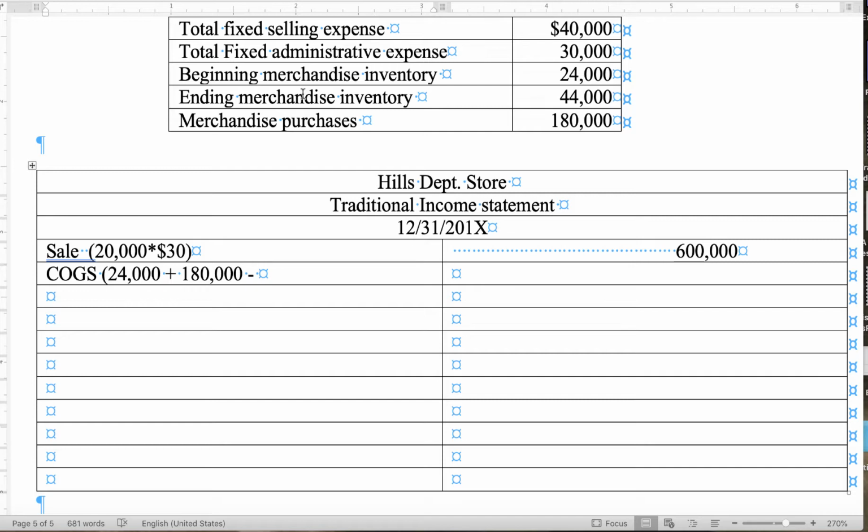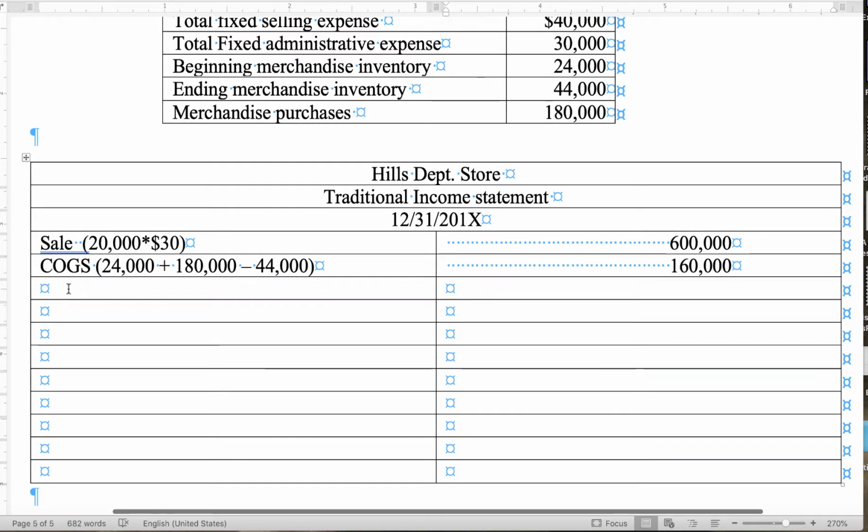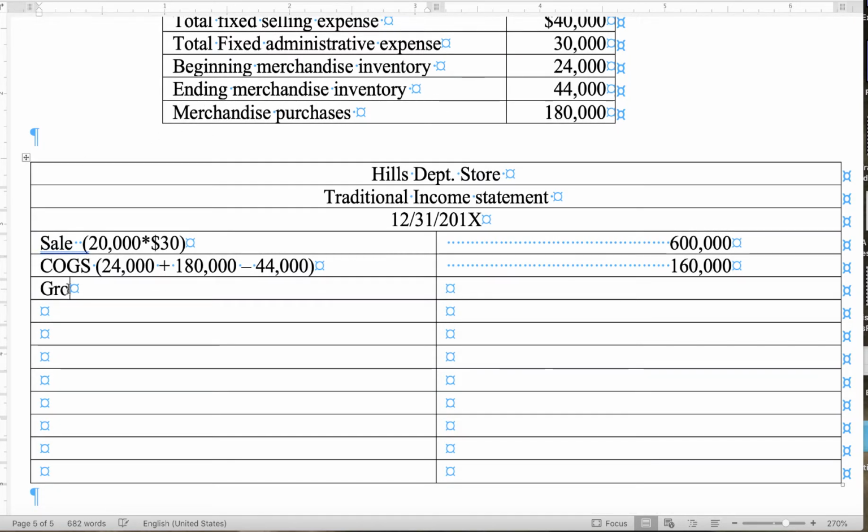The ending balance is that $44,000. That gives me $160,000. Okay. The next thing I have is the next line is my gross profit line.